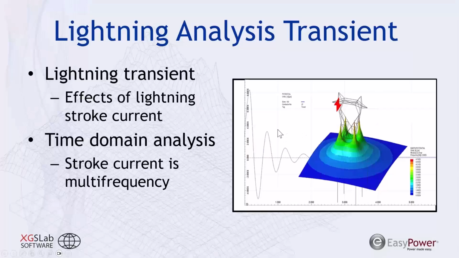And what we are concerned about is this peak voltage along all of our components of this lattice tower. If the insulators supporting your phase conductors are not sufficient, you can have this peak voltage actually exceed that insulator, and you could have a flashover and then have an outage of that line.